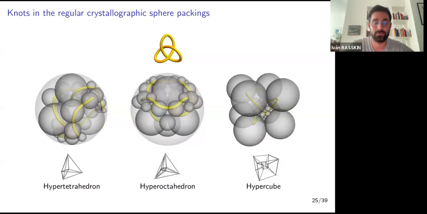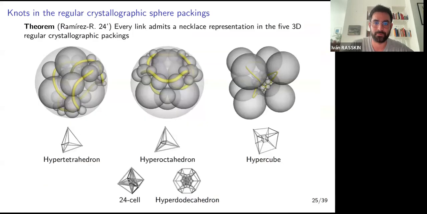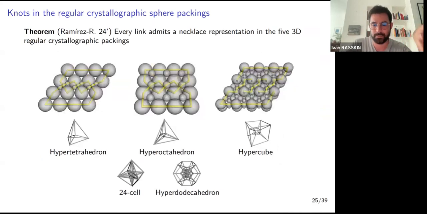Actually, we can do this for every knot or link. We prove that every link admits a necklace representation in the 5 regular crystallographic sphere packings. For proving this, we look at some structure inside these sphere packings that allows us to draw the knot like in a regular grid, a square grid or a triangular grid, and inside we can embed a braid.